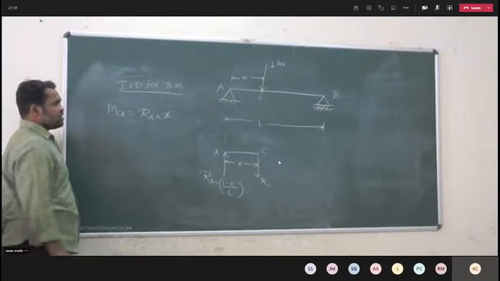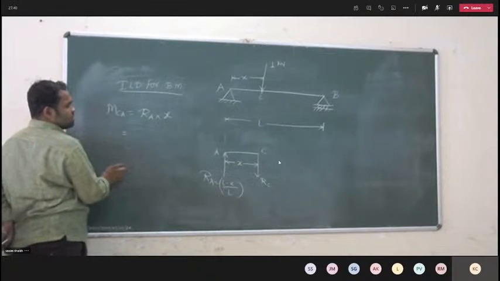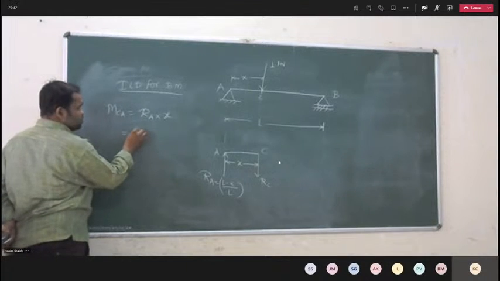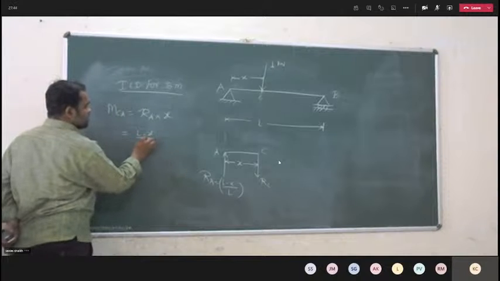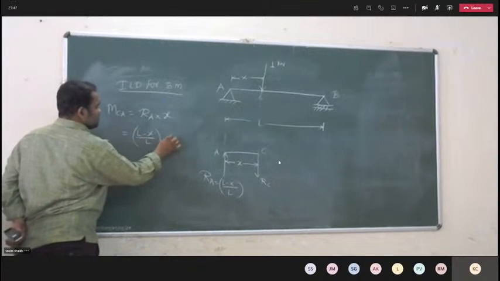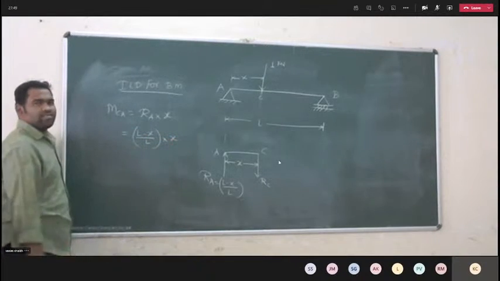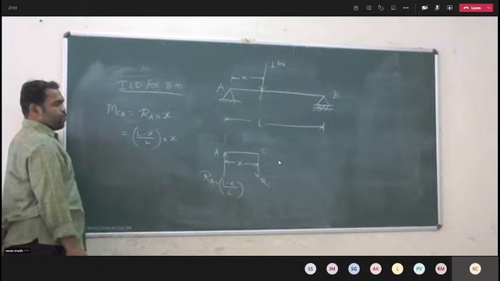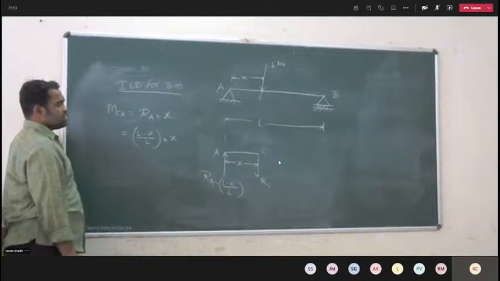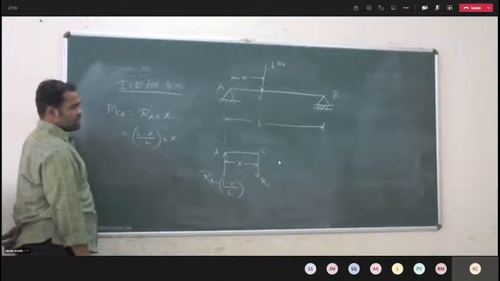RA is known to you, L minus x by L, into x. That is the moment at point C due to the reaction RA, right?